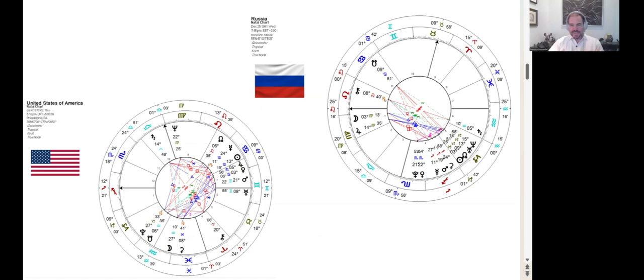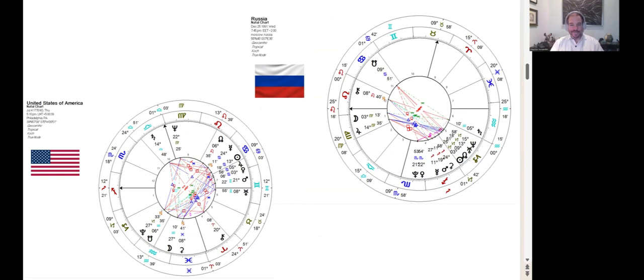So heavy Capricorn Cancer axis with the Moon also close to the ascendant. Now, this is modern Russia. This is the chart from 1991, after the collapse of the Soviet Union. But the Soviet Union was also Capricorn, established on the 30th of December 1922. So that polarity between the United States and the Soviet entity and then Russia has this cardinal interplay.